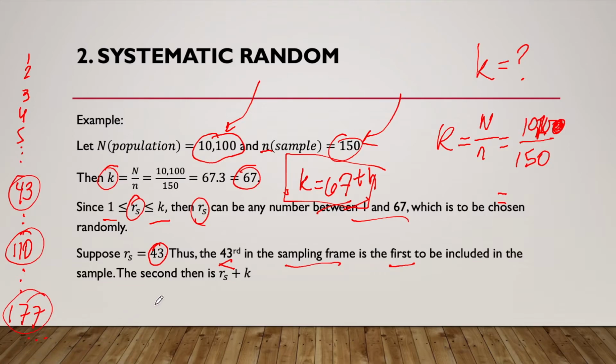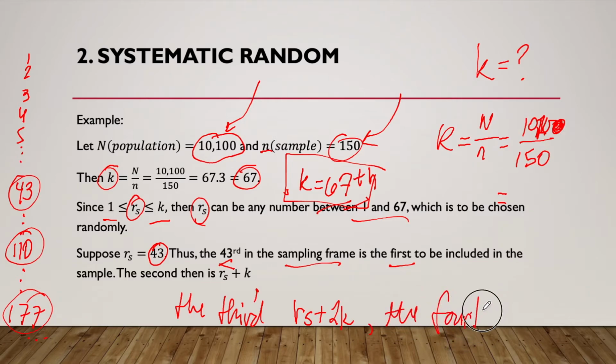This continues on and on. So the third is going to be random start plus k plus k. The fourth will be your random start plus 3k, k plus k plus k, and so on. This continues until you reach 150.